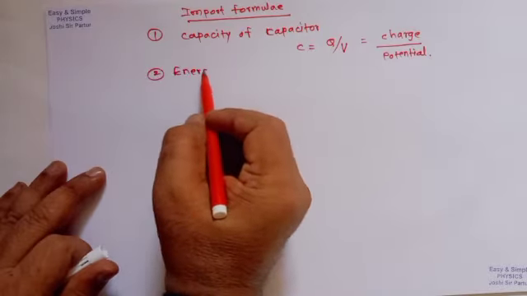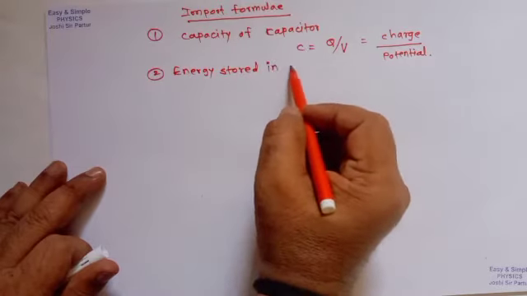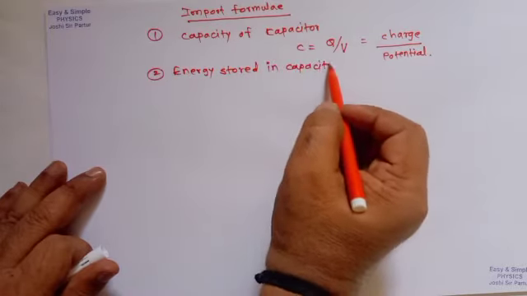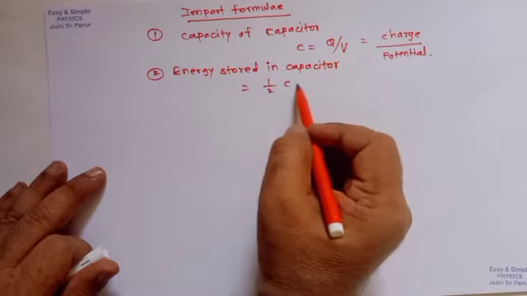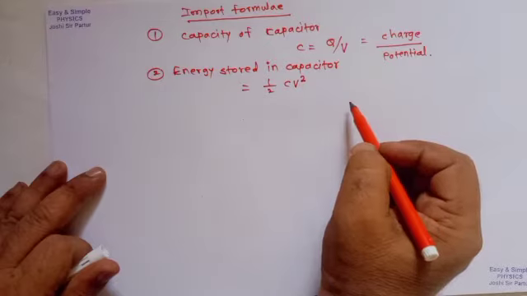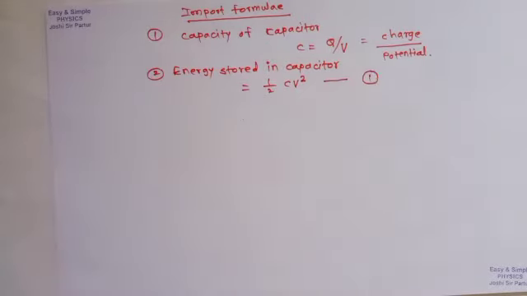The second formula is the energy stored in a capacitor, having the formula half CV square. This is the first form of this formula.